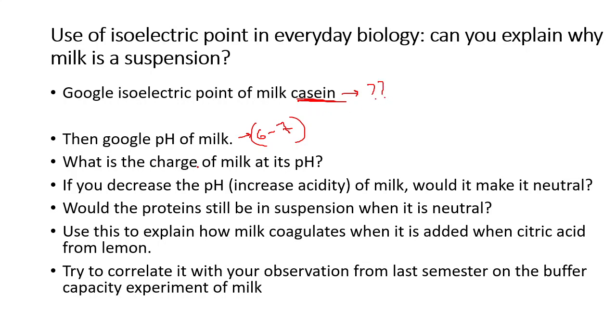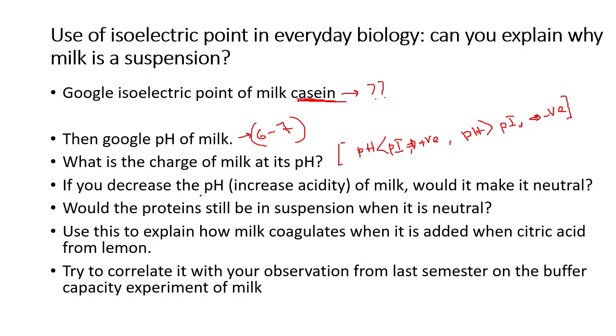Then you have to find out the charge of the milk at its pH. So remember again, when the pH is below its isoelectric point, the protein is positive. When the pH is above its isoelectric point, the protein is negative, or the solution is negative. If you use that, you will be able to find the charge of the milk at its natural pH.